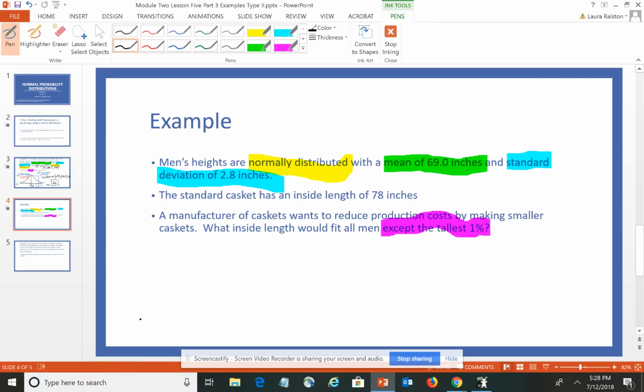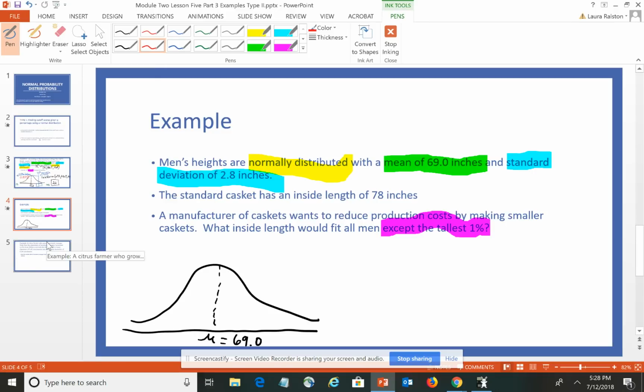Okay, so let's see if we can get an idea of what's going on here picture-wise. I have my horizontal axis, my bell-shaped curve. The mean is in the middle, which is 69 inches. And we're going to make caskets that fit everybody except the tallest 1%. Now here again, you may have to think a little bit about where that tallest 1% would be.